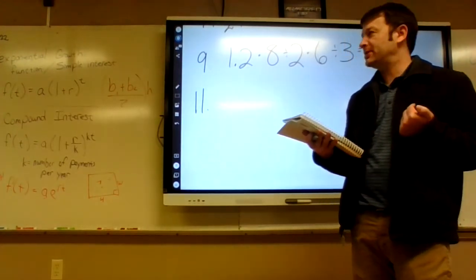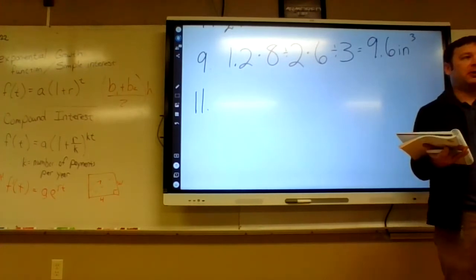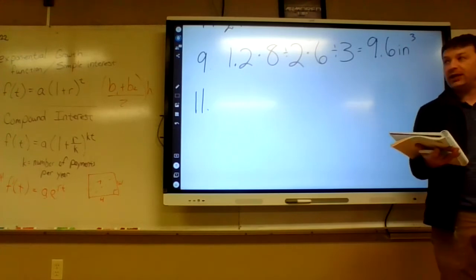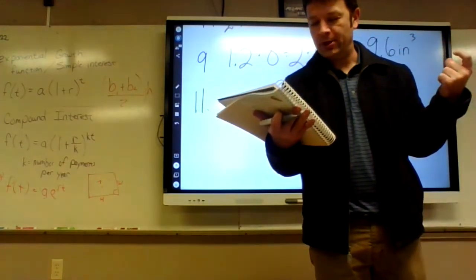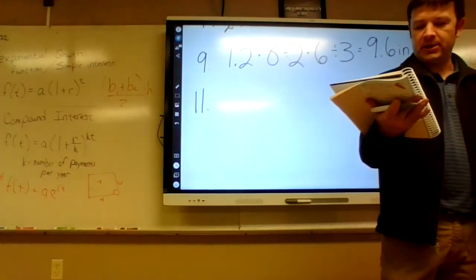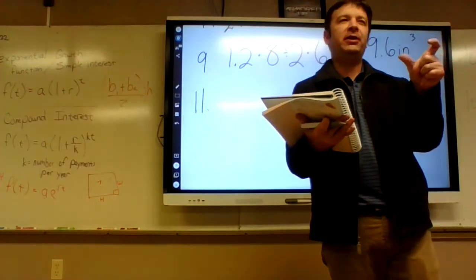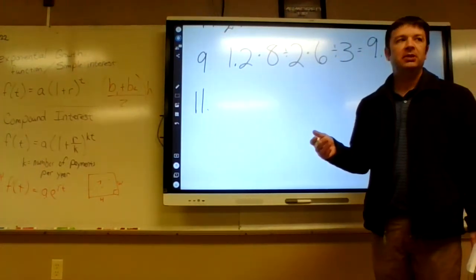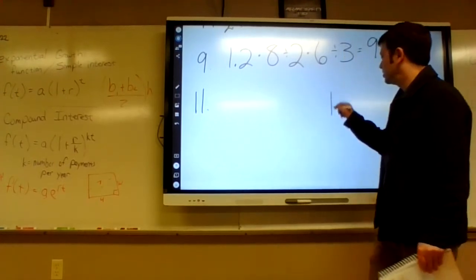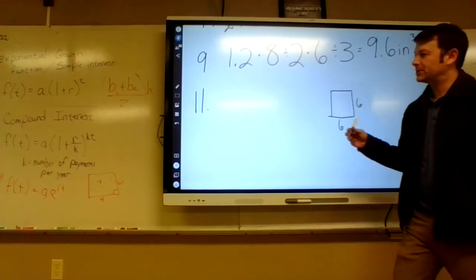You guys know how we're going to set this up? Like the formula. We're going to use the formula like we're going to find the volume, and we're just going to set it equal to the volume that they gave us. So it says it's a square pyramid with the sides of the base being 6 inches. So what would the area of the base be if it's a square with 6 inches on each side? 6 times 6. Okay, not the perimeter, the area. 6 times 6.